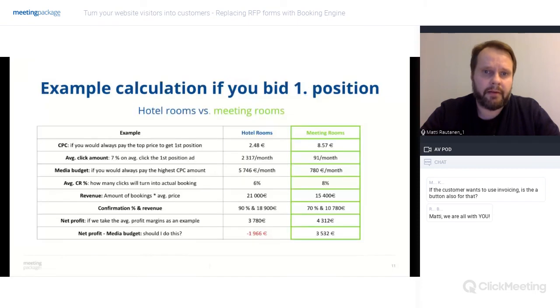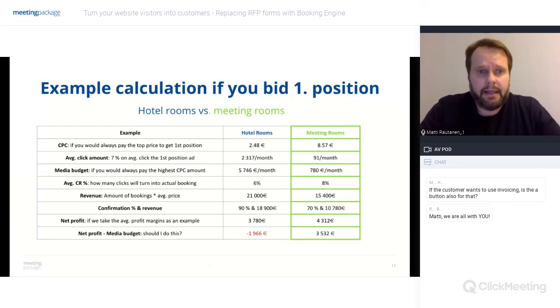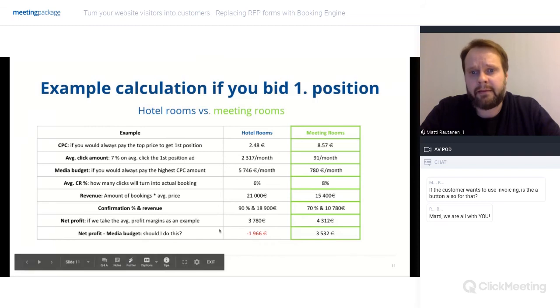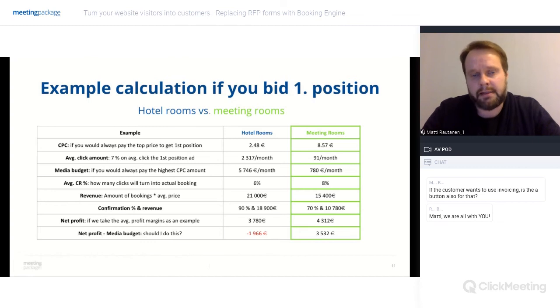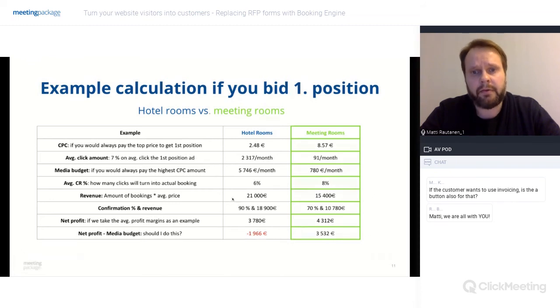With these numbers, we can see that if your cost per click would be 2.50 euros for hotel rooms, for meeting rooms it could be 8.57 euros. But at the end of the day, because the search volume is lower and you increased your capacity for conversion, so you enable easy booking for customers, your profits are way higher, because your margins are better and the search volume is less than for hotel rooms.